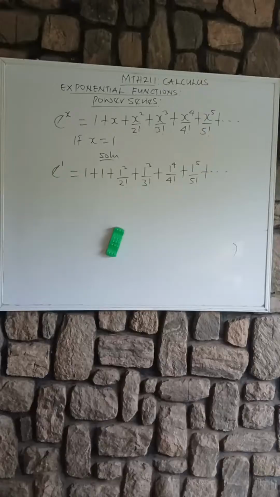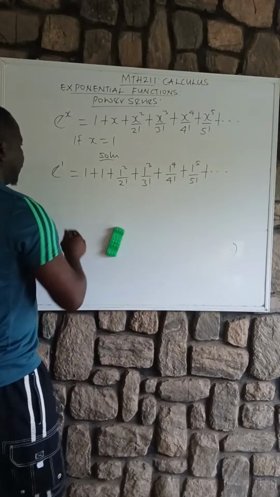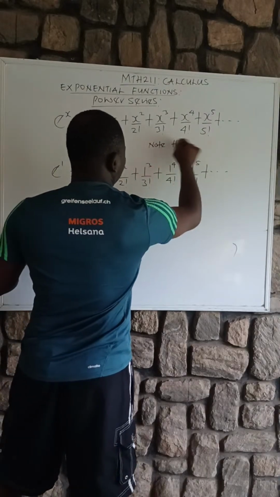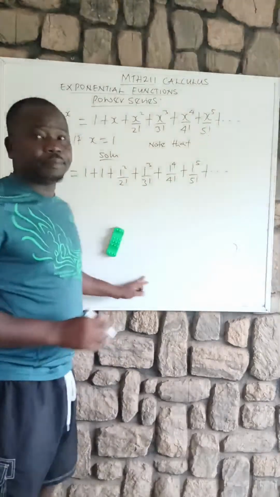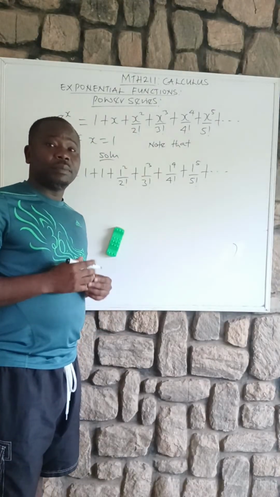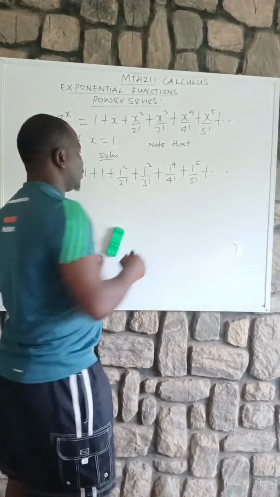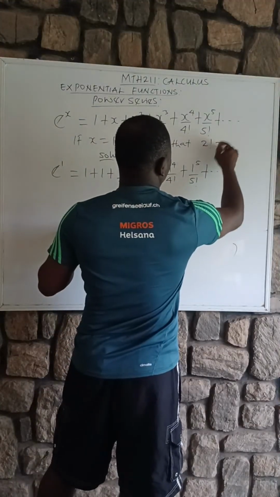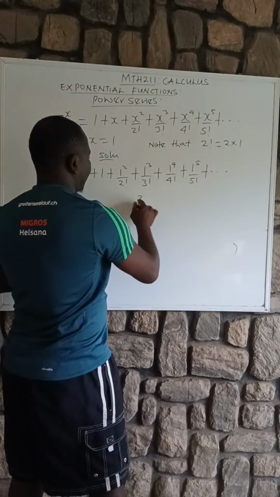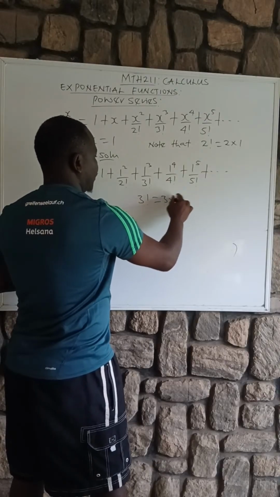If you agree with me, note that you should go back to your logic and linear algebra, where you did permutation and combination. 2 factorial means 2 times 1. 3 factorial means 3 times 2 times 1.